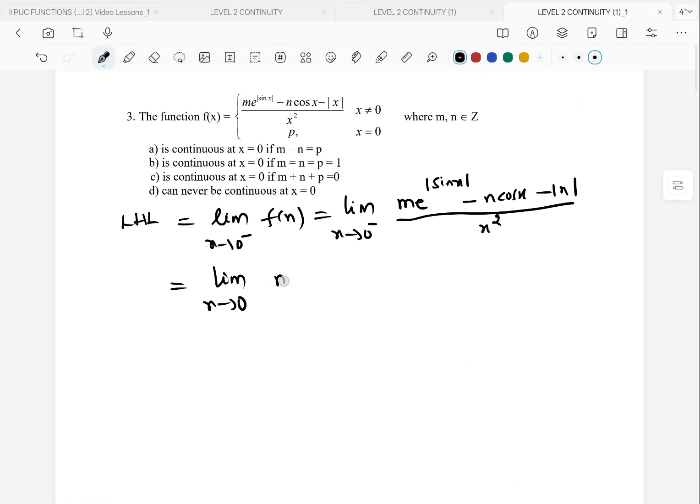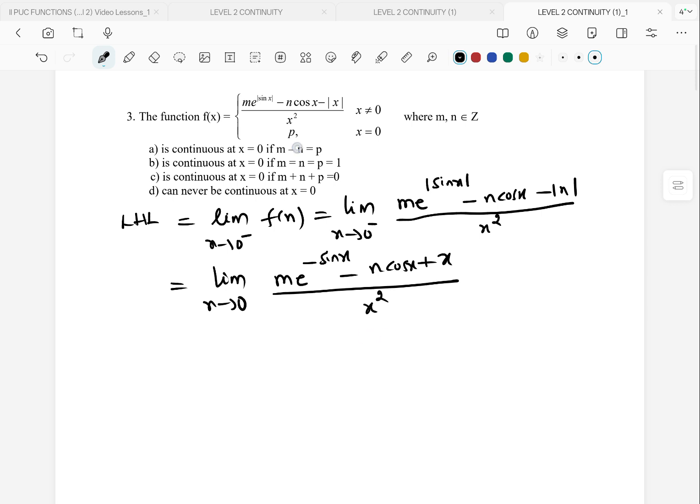So this is m e power minus sin x minus n cos x, plus x by x squared. Now if you substitute x as 0, the denominator is 0 and the numerator is some number, which means something by 0, so the limit is infinite, it cannot be determined.